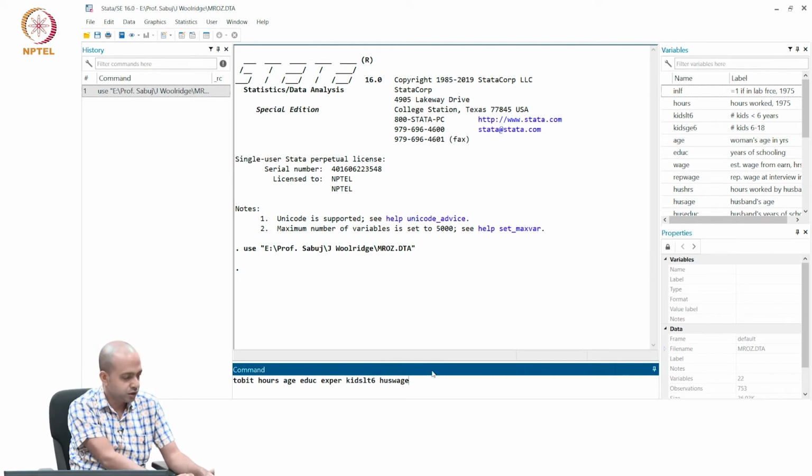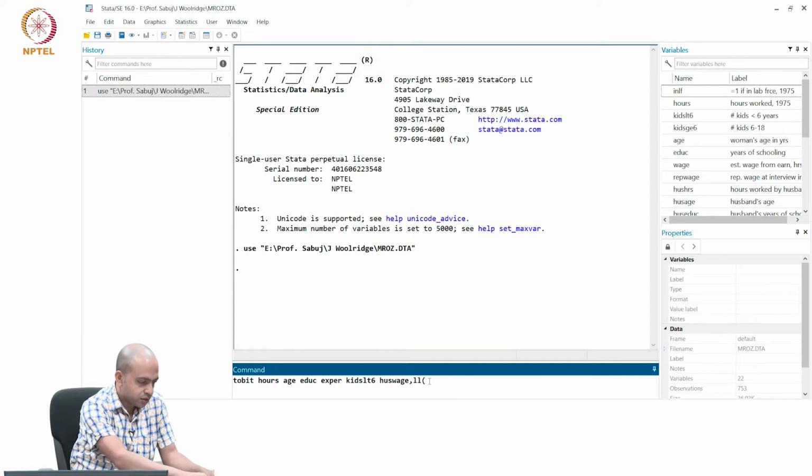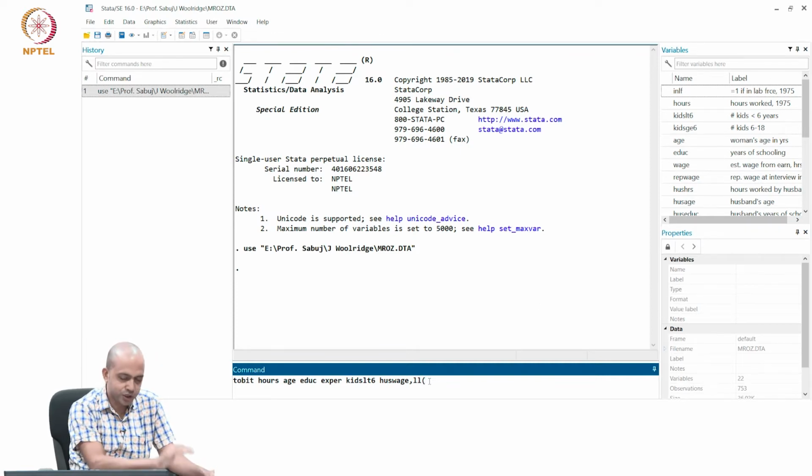These are the model's explanatory variables, and then you have to put the censoring. Since we are putting censoring from below, it is called ll. LL is for lower limit.